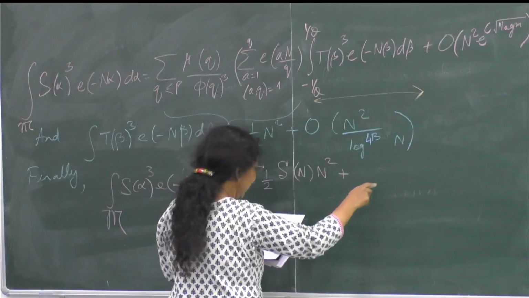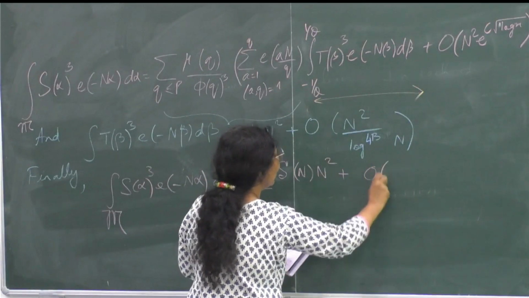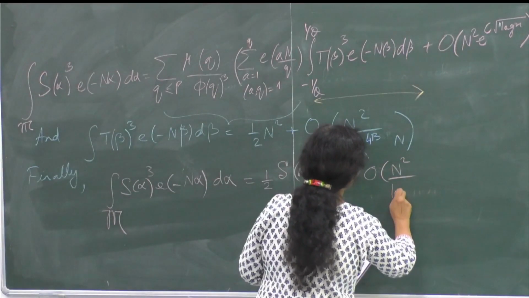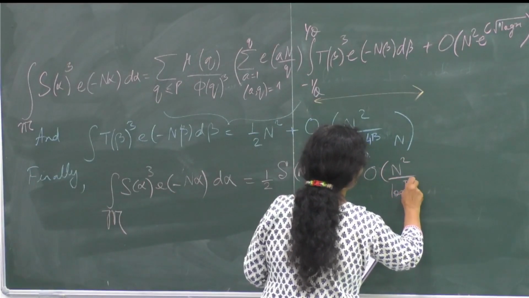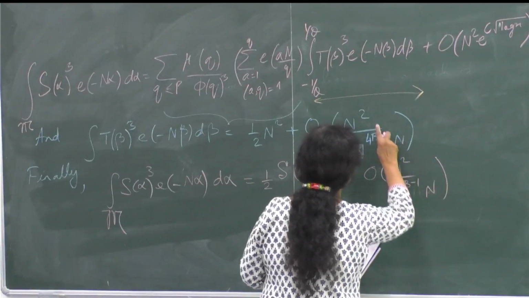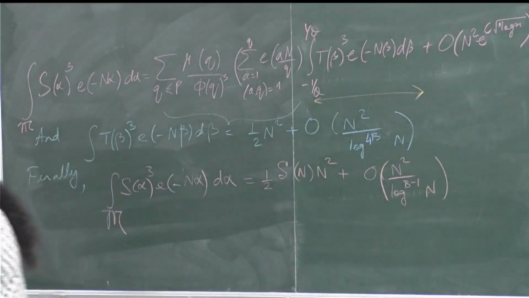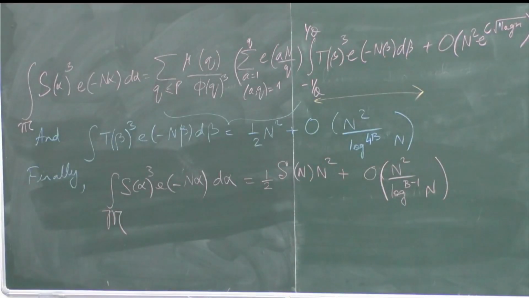So that's the denominator. So we get n square over log^(b minus 1) n. Yeah, this is 4b and this is b minus 1. So that's the best we can do with the major arcs.